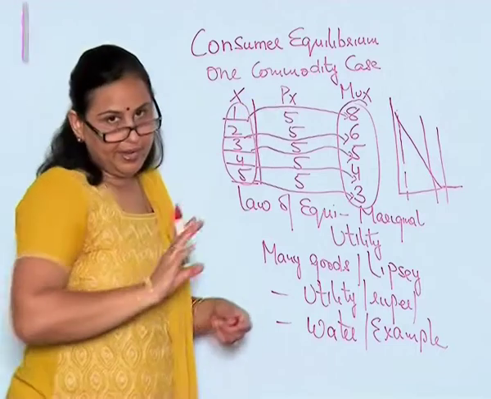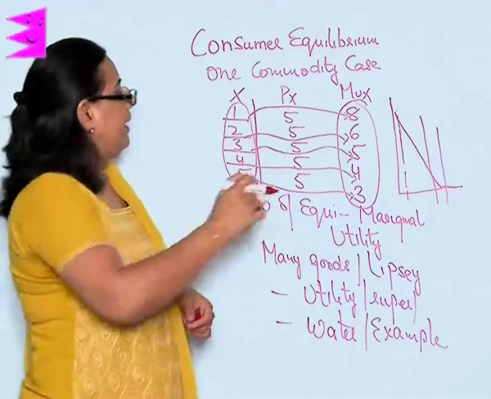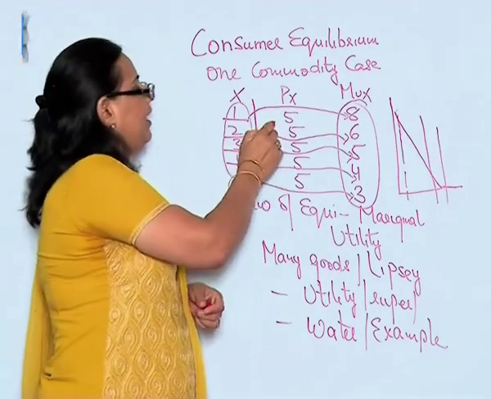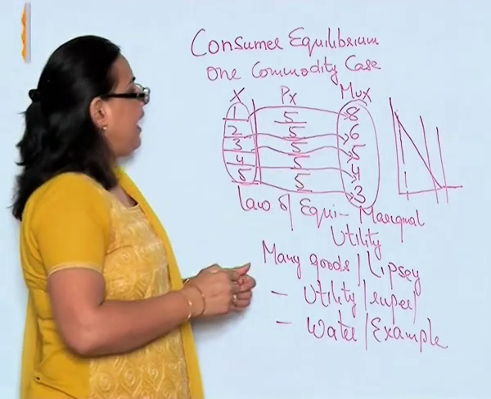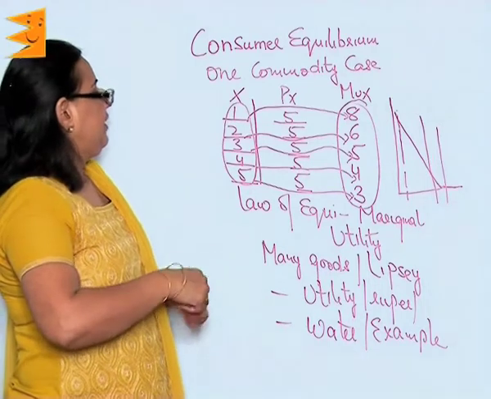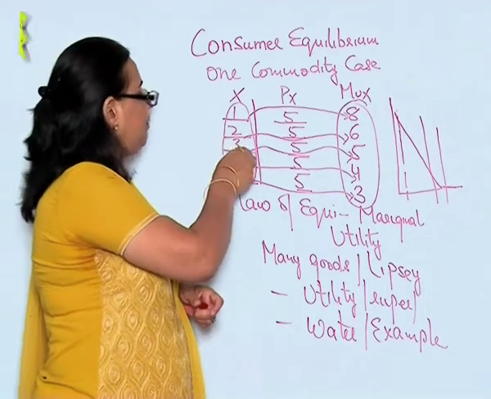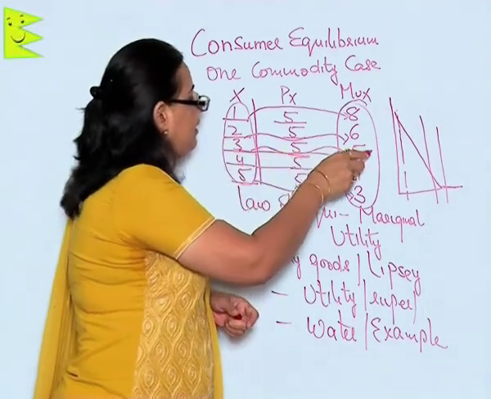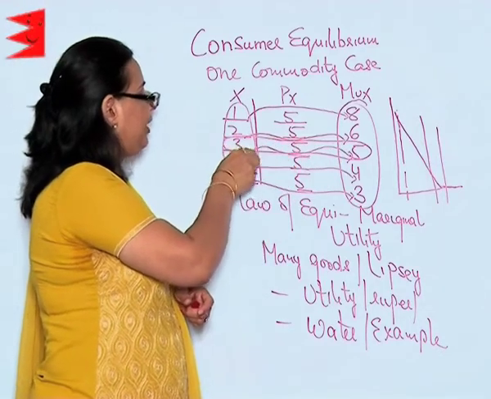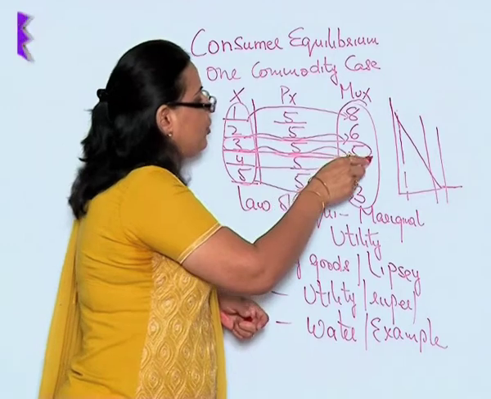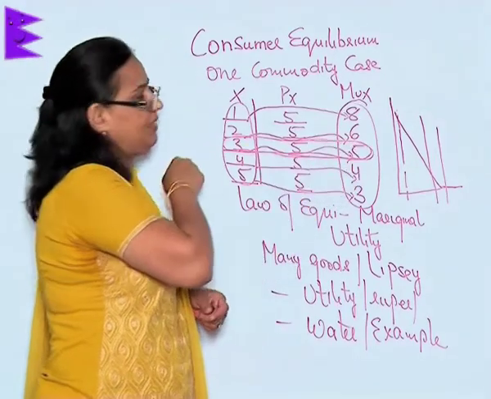The money spent in rupees is 5. That is, I have bought everything for 5 rupees. So, what I will derive is that this is my point: when the money spent is 5, the number of units are 3 and the marginal utility that I have derived is 5.